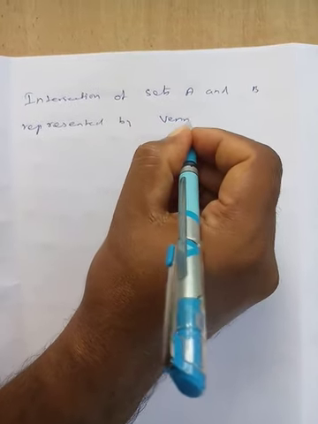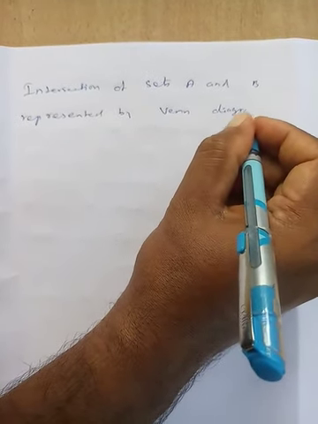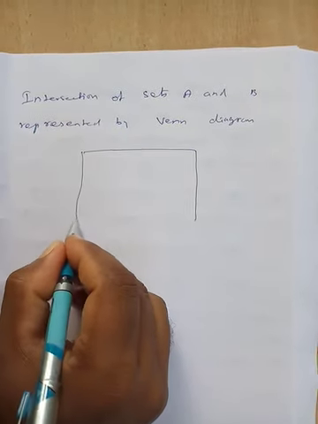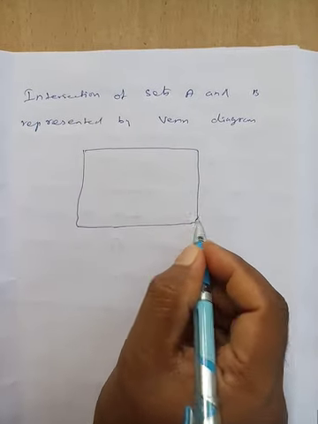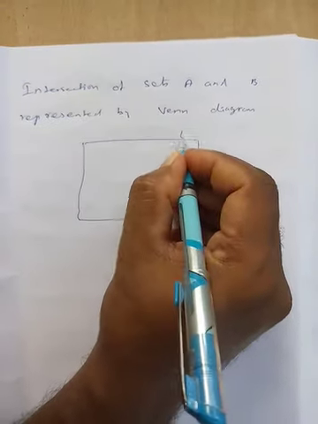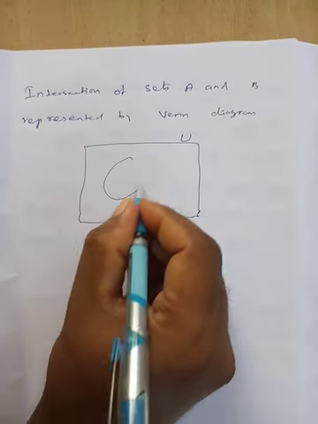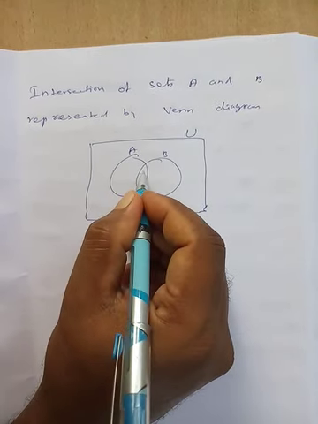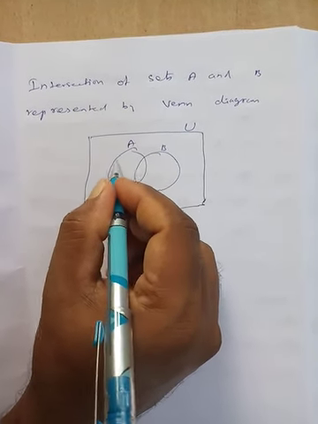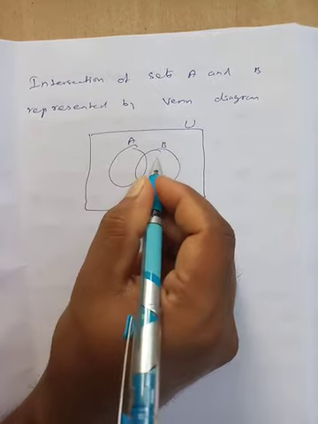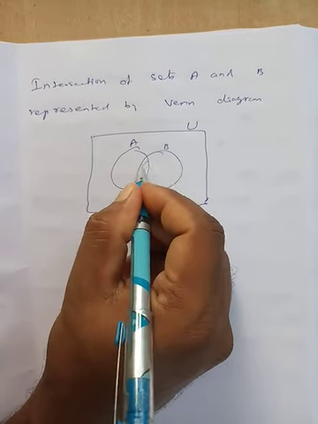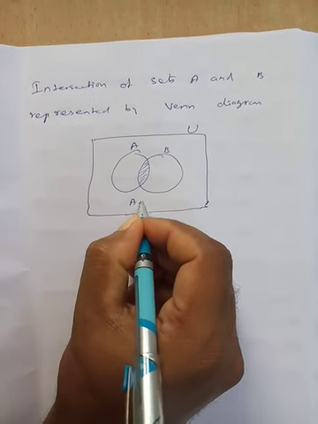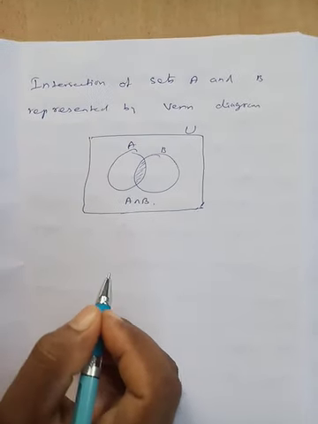Here draw a universal set and two overlapping sets, A and B, subsets of the universal set. Now this region is only A. This is only B. This region is common to both A and B. So this is represented by A ∩ B.